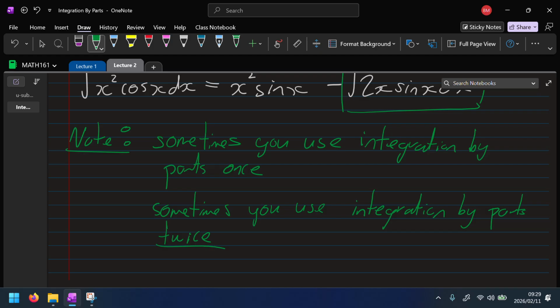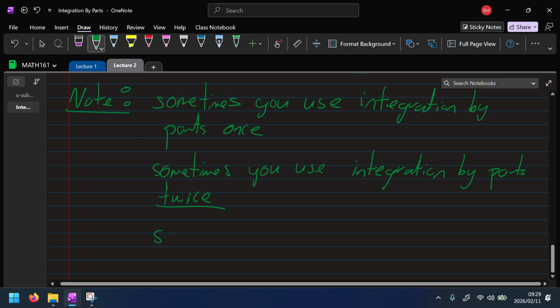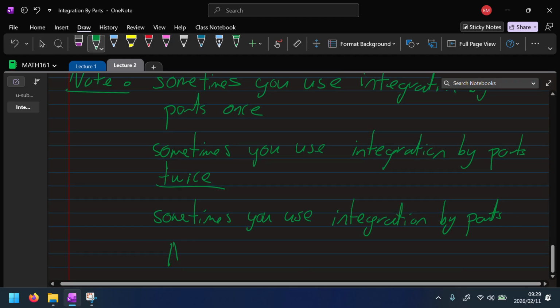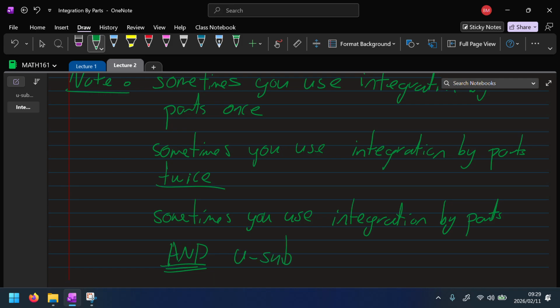So you do integration by parts once, and then that integral on the right side there, you then have to do a u substitution on that. Okay, so please make a note here.